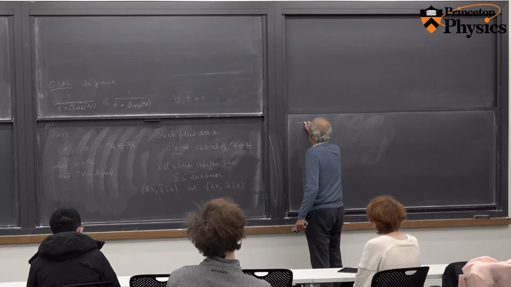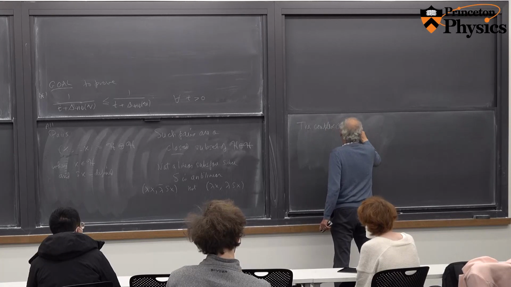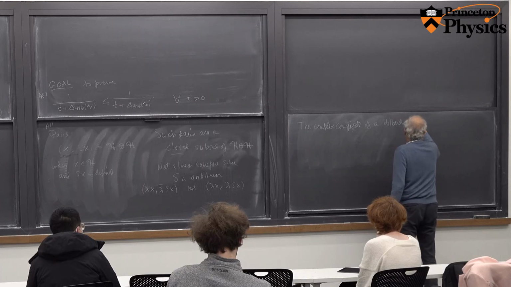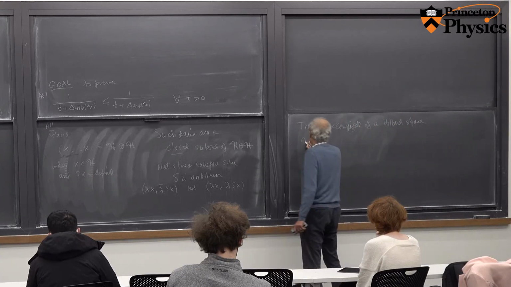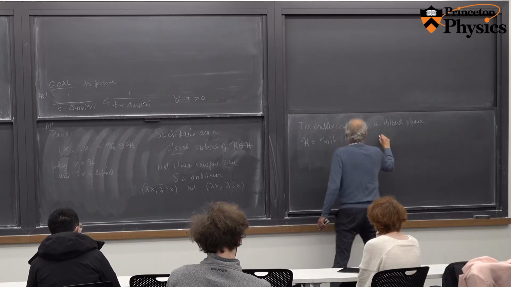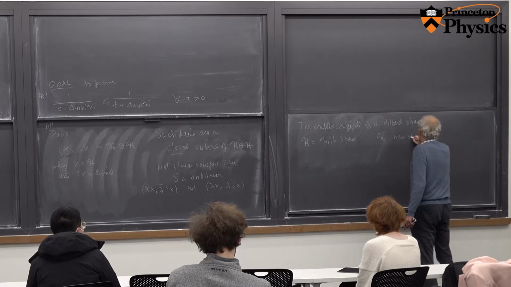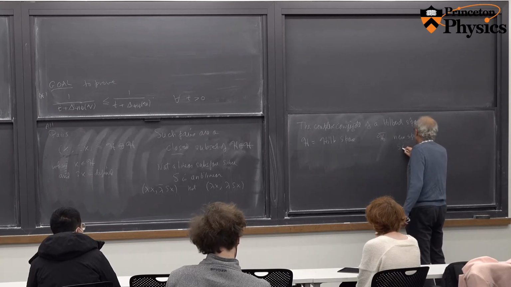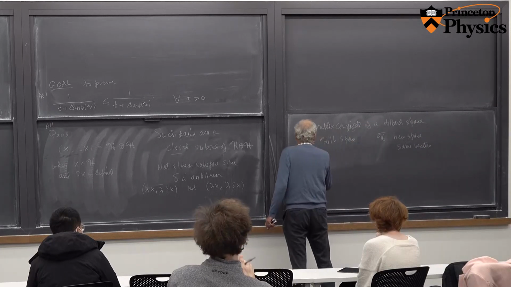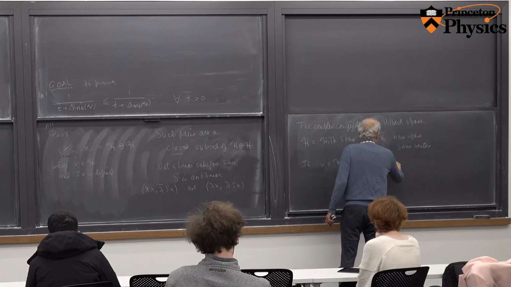So I'm going to define the complex conjugate of a Hilbert space. If H is a Hilbert space, then H bar is a new Hilbert space. It has the same vectors. So if v is in H, I'll write v bar for the corresponding vector in H bar.